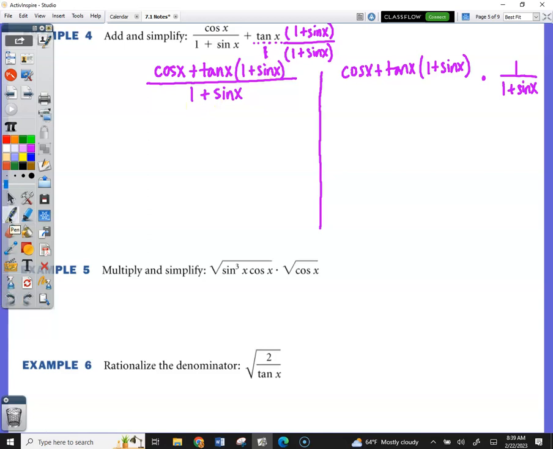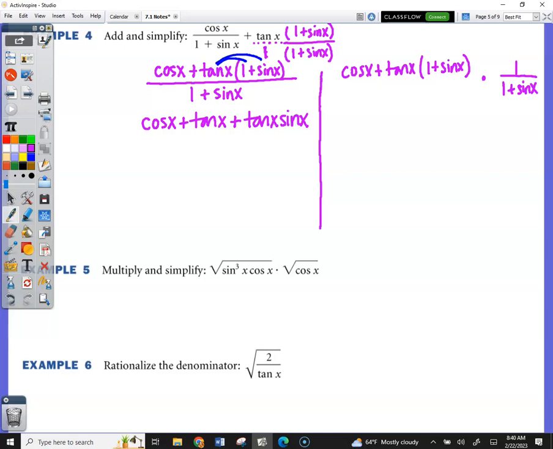Let's multiply the top and let's clean it up. So I'm going to take tan and multiply it with those two things. So across the top I've got cosine x plus tan x plus tan x sine x. Now that's the top, right?